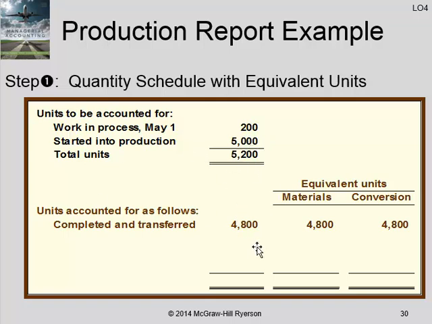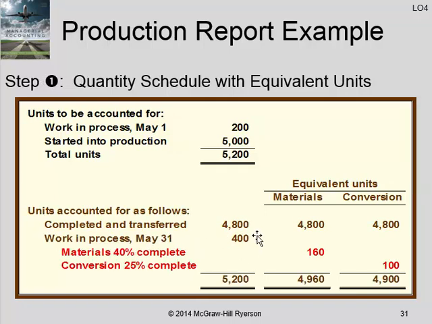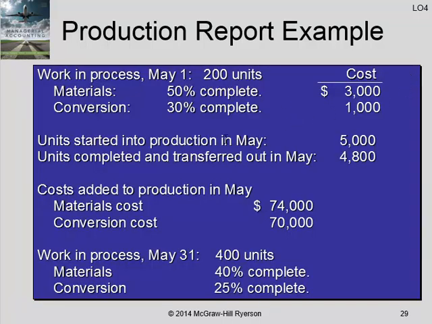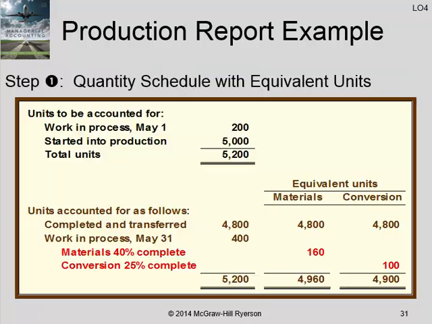So based on the math here, you can figure out that there's 400 physical units that need to be left over. And then we take that 400 and we look at the percentages of completion with respect to materials and conversion costs that we were given up here. Not these beginning numbers, but the ending ones here, right? 40% complete with materials and 25% complete with respect to conversion.